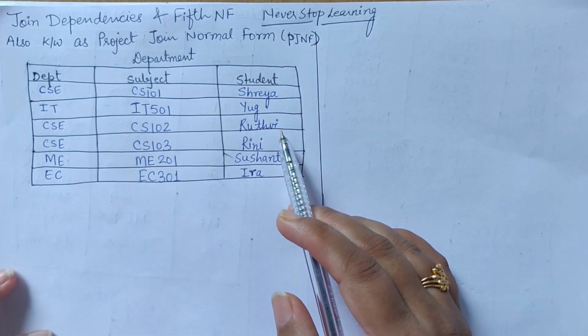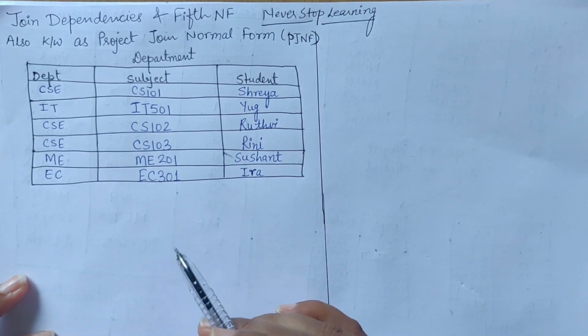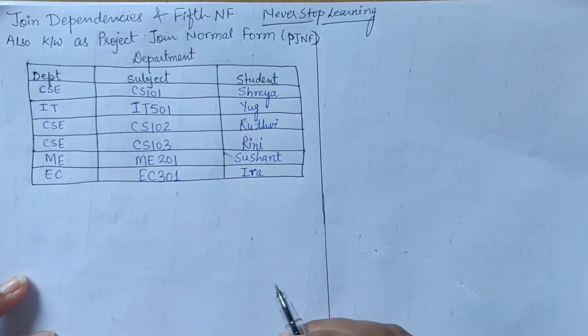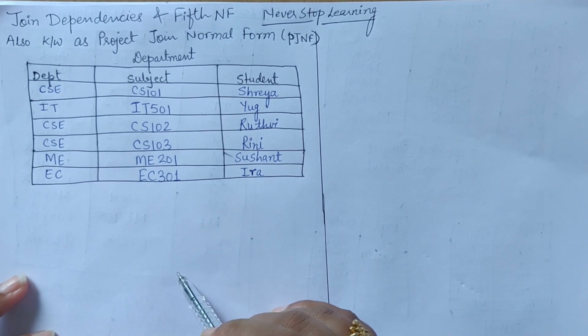So it is very clearly visible that here there is a problem of multi-valued dependency. And because there is a multi-valued dependency, that means this table is not in fourth normal form.